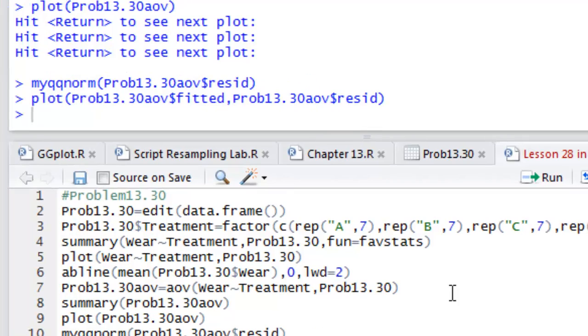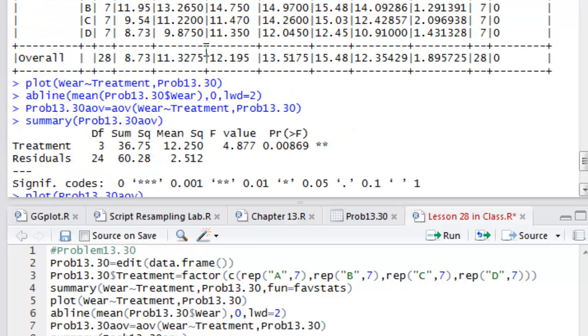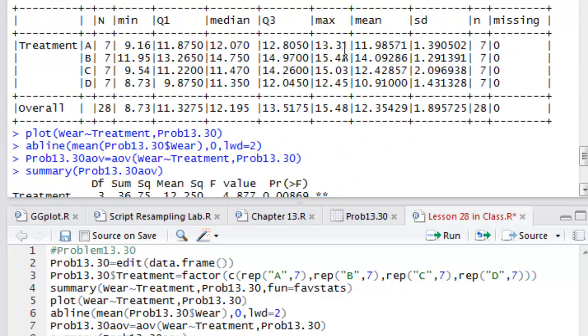Now what we'd like to do is a confidence interval for the mean of A, just to practice. Going back up, I can look at my data and see the mean for A and its standard deviation. If I wanted to generate a confidence interval, I could take the mean, 11.986, plus or minus so many standard devs, where the standard dev is 1.4, divided by the square root of 7.